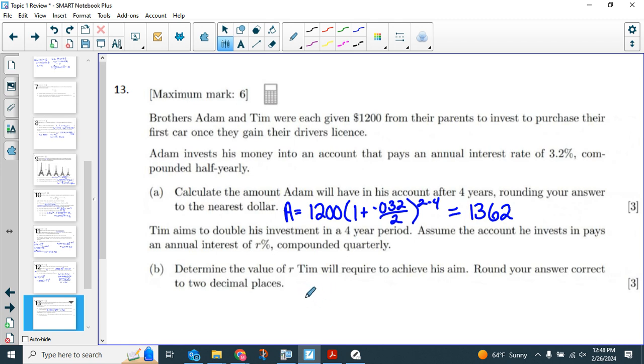So here he's trying to double his money. So 1,200 becomes 2,400. And that equals 1,200 times 1 plus R over 4, compounded quarterly. You could also put that times 100 below here if you don't want to worry about that. To the 4 times 4 power.